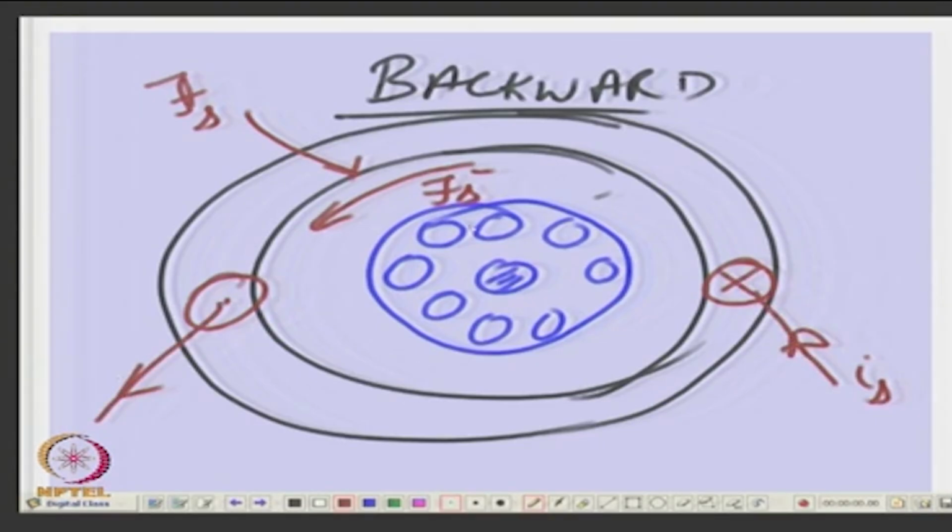and produces an Fs. You have got Fs here, but the rotor is rotating like this, opposite to this. So, there is a maximum rate of change of flux linkage. At starting, there is no problem, its reaction to forward field is same as that for the backward field at starting. So, rotor current induced due to forward field will be exactly same as rotor current induced due to backward field.